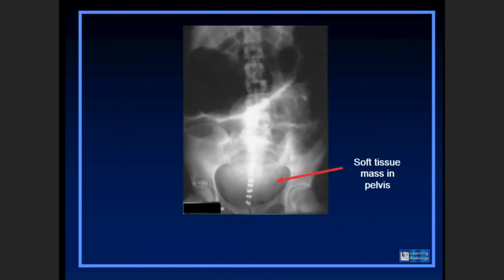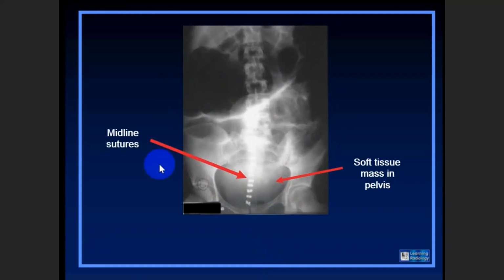Regarding this image, we have a soft tissue mass over here because the density isn't the normal density of bowel. So this mass causes obstruction and dilatation of the proximal colon, or large bowel obstruction due to colon cancer, for example. In females it could be due to fibroid, for example.